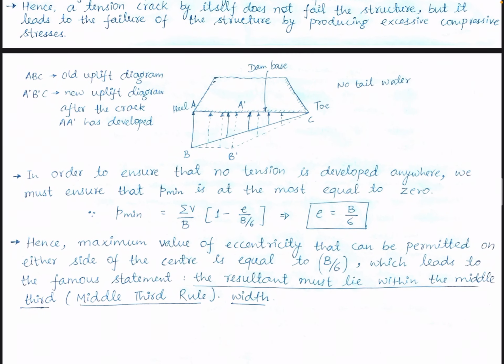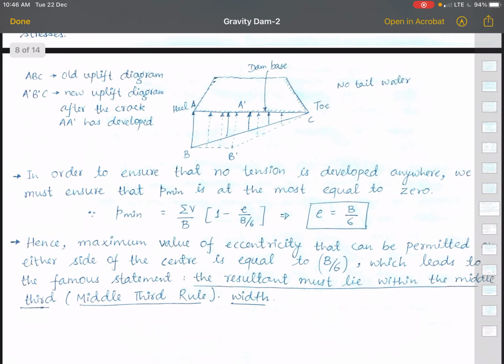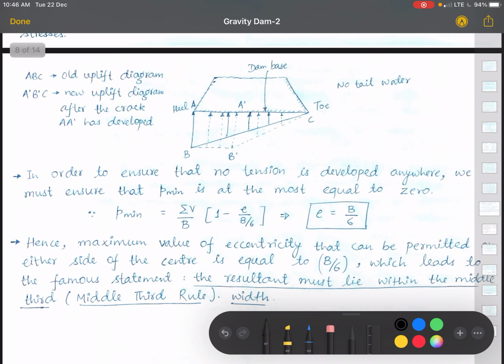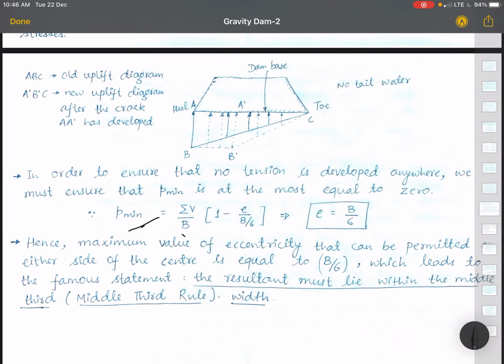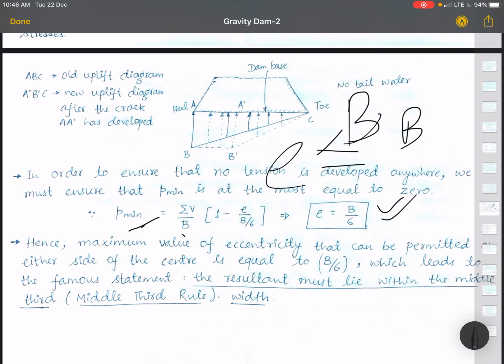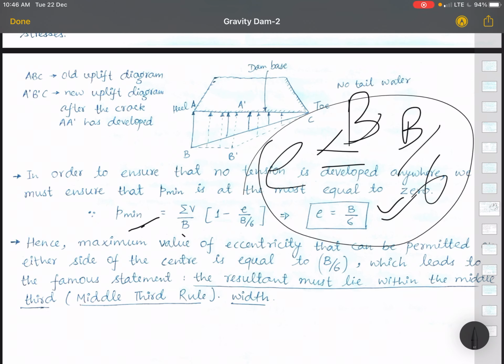So what to do if we want to have no tension? P minimum should be 0. P minimum is 1 minus 6e upon B, so we can check the eccentricity. The allowed eccentricity e should be B by 6 or less for no tension anywhere in the dam.